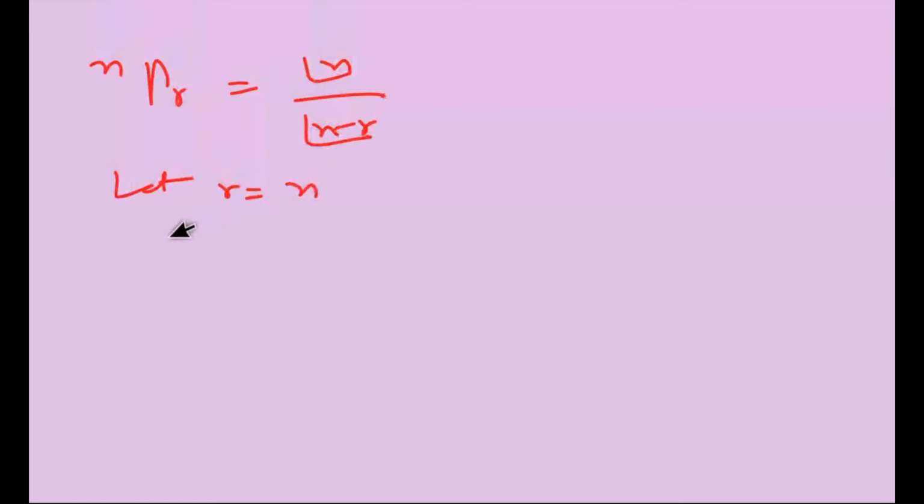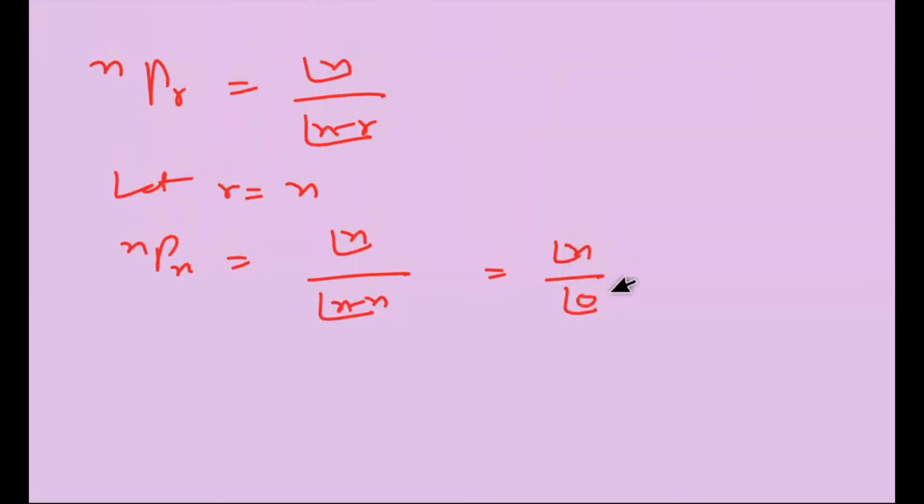So students, nPr equals factorial n upon factorial n minus r. Let r equal n, then we can say nPn equals factorial n upon factorial n minus n. So we can write factorial n upon factorial 0, right? And this nPn means taking n different objects, we have to fill the n places.